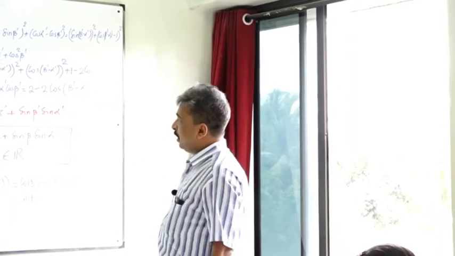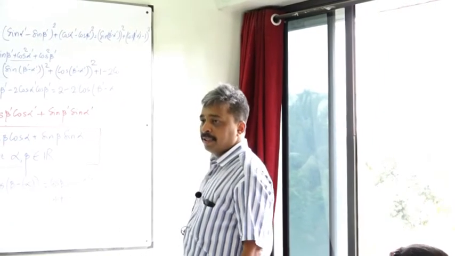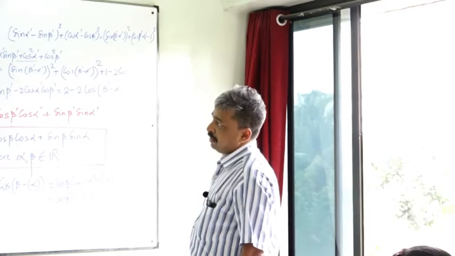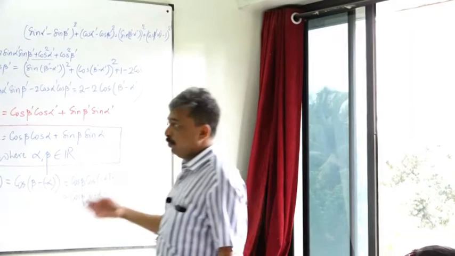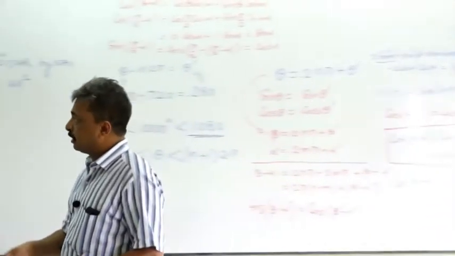Now how do we find out cos of beta minus alpha? Or sorry, cos of beta minus alpha we have found out. Now we want to find out sin(beta minus alpha).